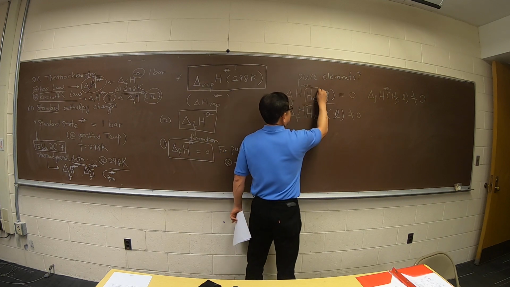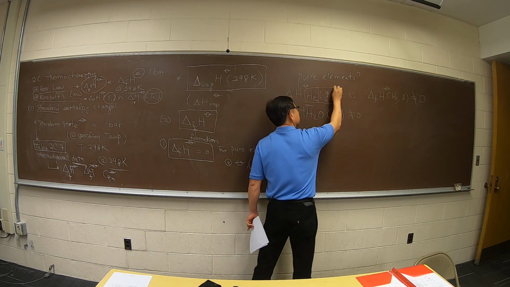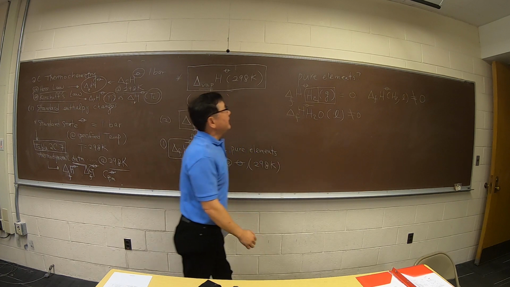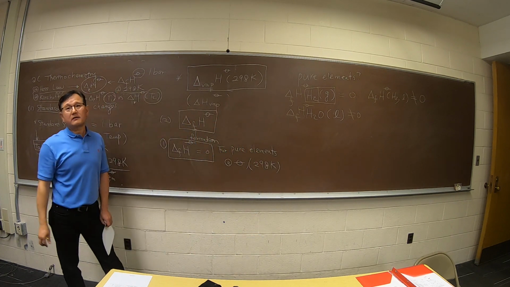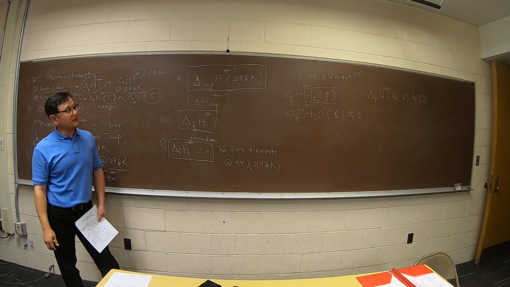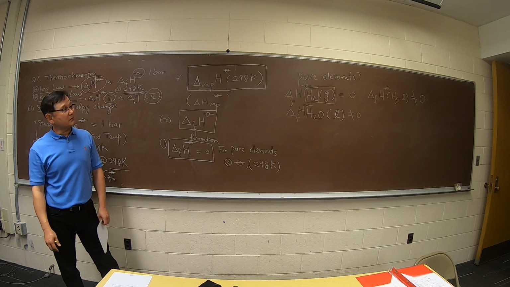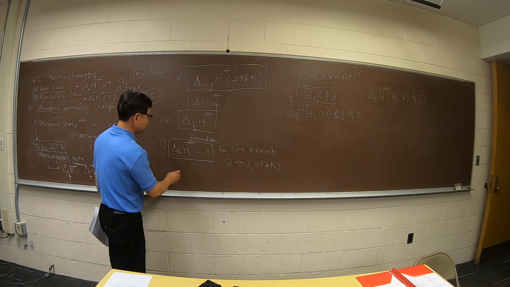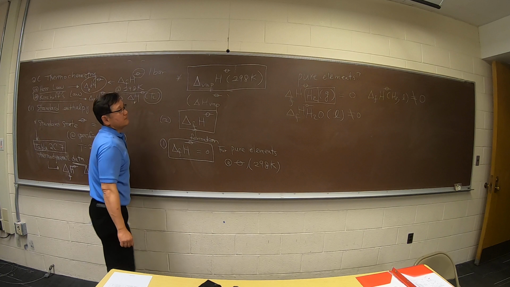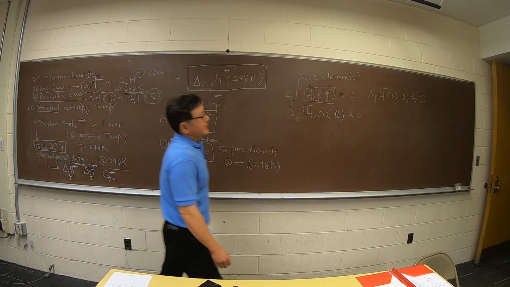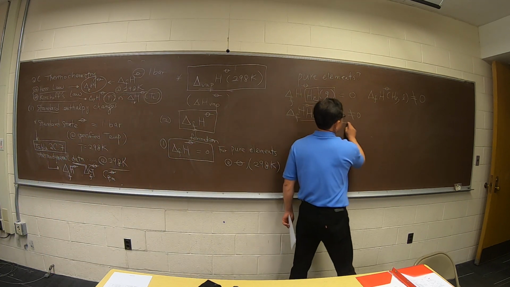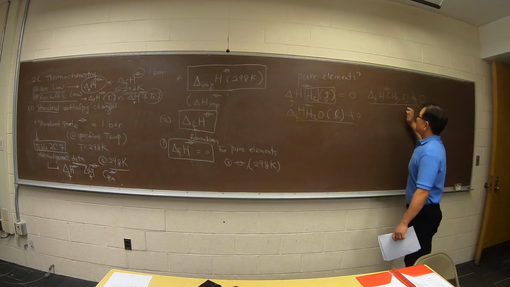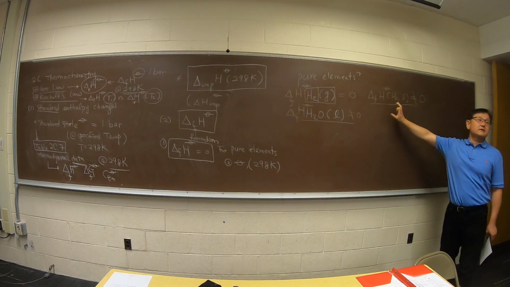Is it pure? Yes. And is it in the right state at this 1 bar condition and the temperature they designate, which is room temperature? This is only if you have a pure element, and anything else is not. You don't have to worry about it, because they are given in the table.